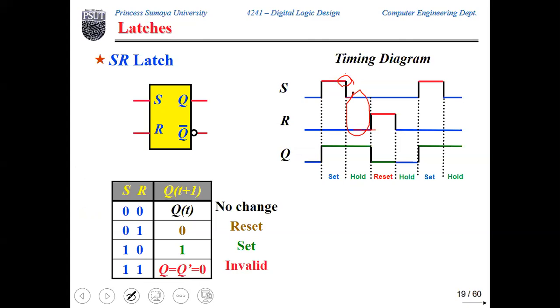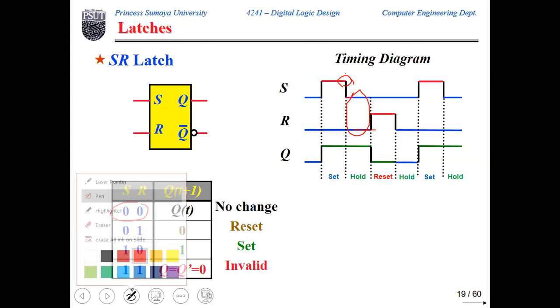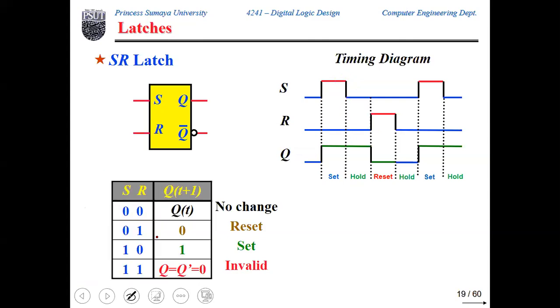S0, R0 implies hold. So at any instant of time during this period where S and R are zeros, the new value of Q is the value before this instant, which is 1, because we have a hold operation.